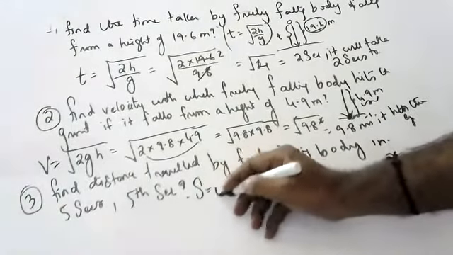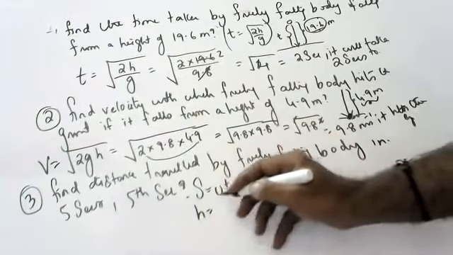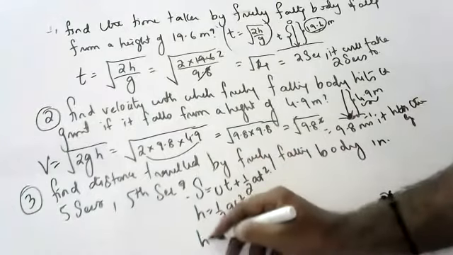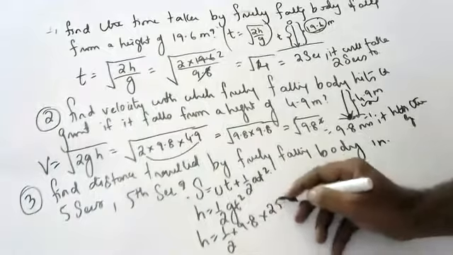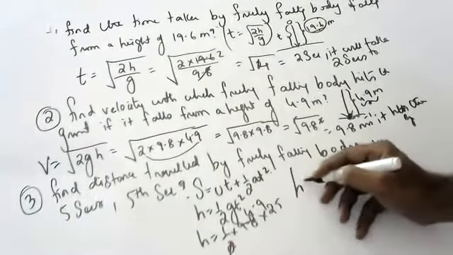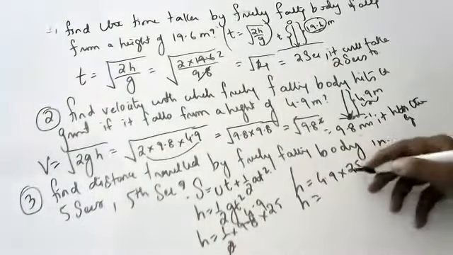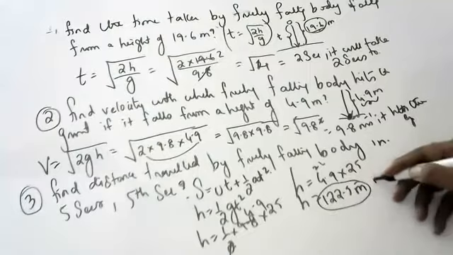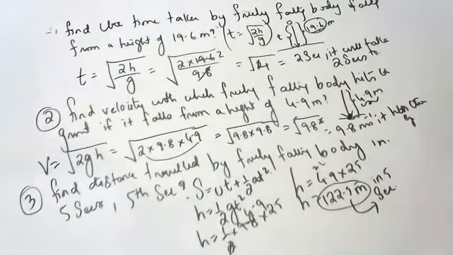Children, we know s is equal to ut plus half at square. h is equal to 0 into t plus half gt square. So h is equal to half into 9.8 into 5 squared, 5 squared is 25. This is 4.9, so h is equal to 4.9 into 25, which is 122.5 meters. It travels 122.5 meters in 5 seconds.